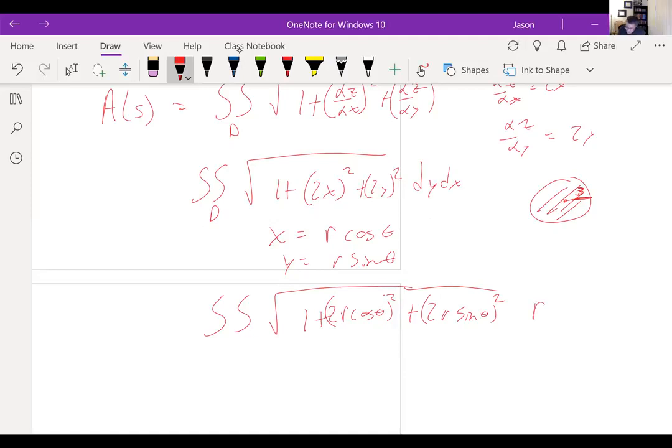Don't forget the r dr d theta, where r goes from 0 to 3 and theta goes from 0 to 2 pi.